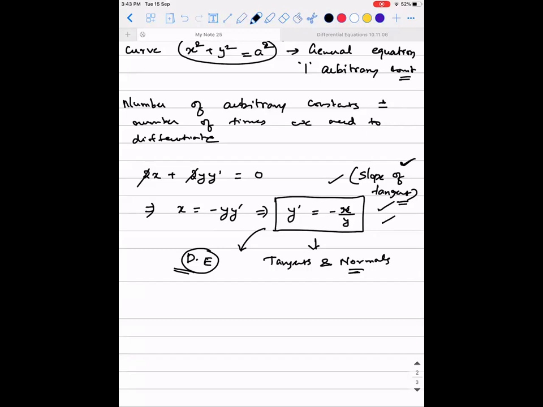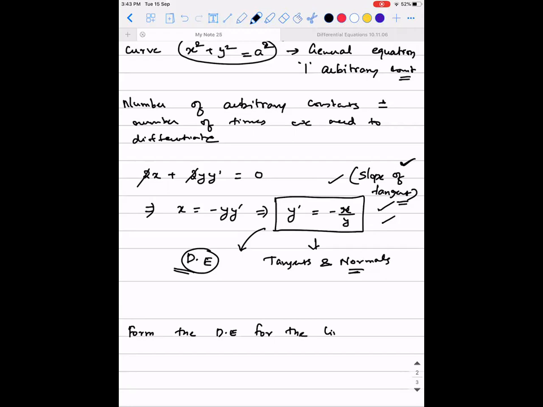To form the equation, we need to check the arbitrary constants, right? So how many do we have? We have arbitrary constants, so always take the constant to be 1.